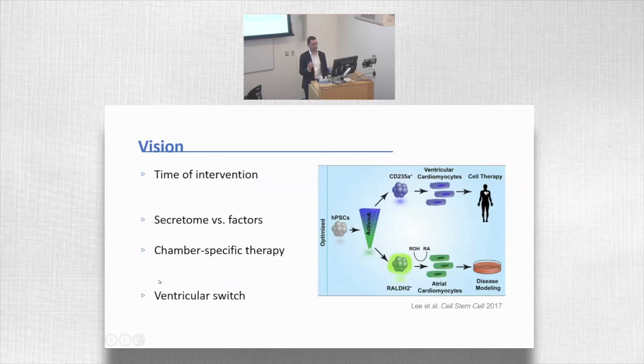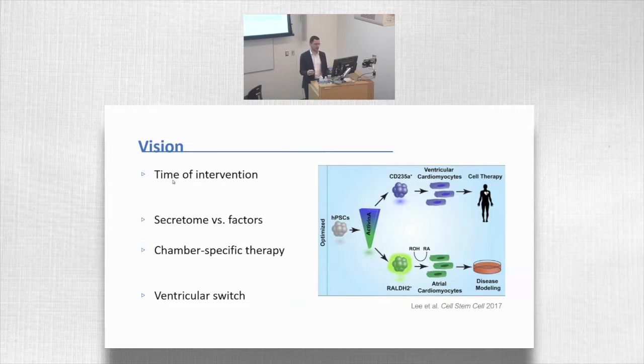As a kind of vision, what we hope to achieve is a better understanding of the timing of intervention, because most of the studies that have dealt with stem cell transplantation give stem cells after stage 1, just before stage 2. And it not only is treatment once most of the damage is already done, but it also is at a later stage where your endogenous repair capacity of the heart is probably way less than if you treat earlier.